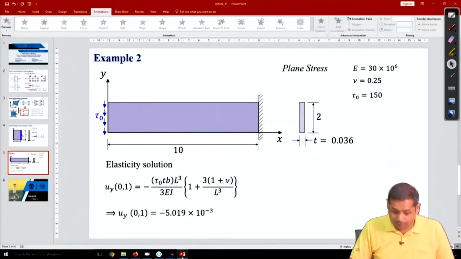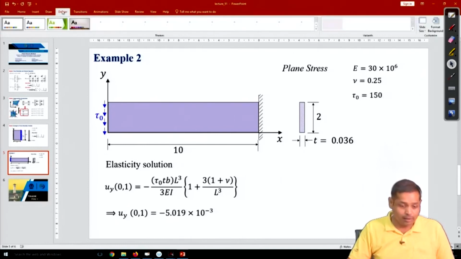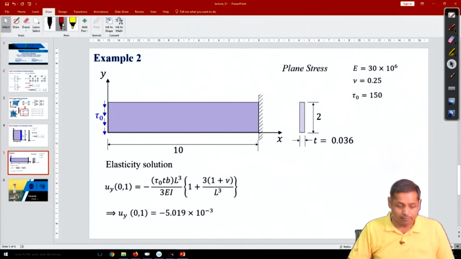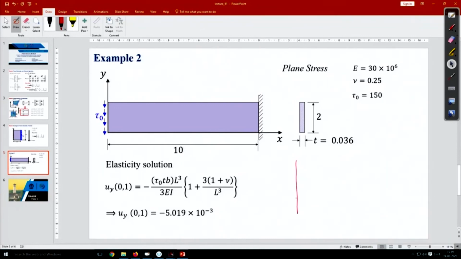Okay, this problem is like this. We have a domain like this, and in this domain we have a circular hole, and you apply some uniform traction here. This was the domain.